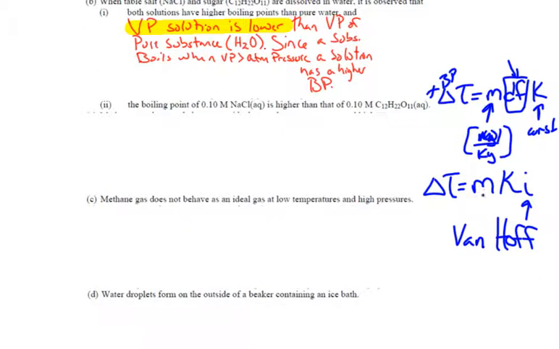So if the concentration values are the same, and they're in the same solvent, that K is going to be the same. The thing that's changing, therefore, has to be this i, this Van't Hoff factor, or in baby chem, the dF.